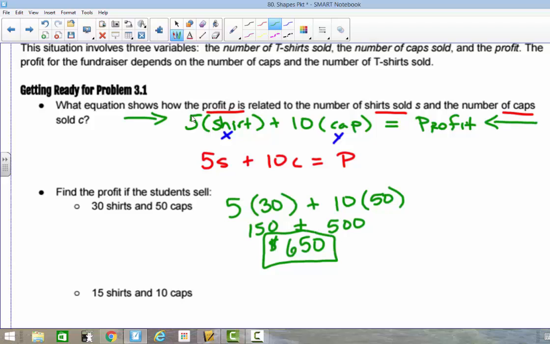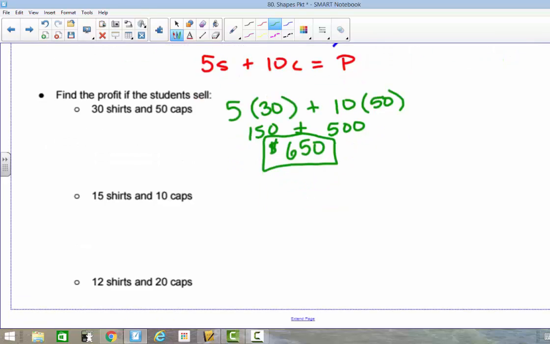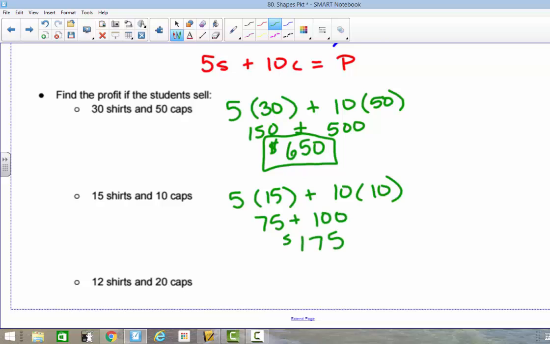And the next question says to find the profit of 15 shirts and 10 caps. So 5 times 15 plus 10 times 10. That would be 75 plus 100, so that's $175 of profit.